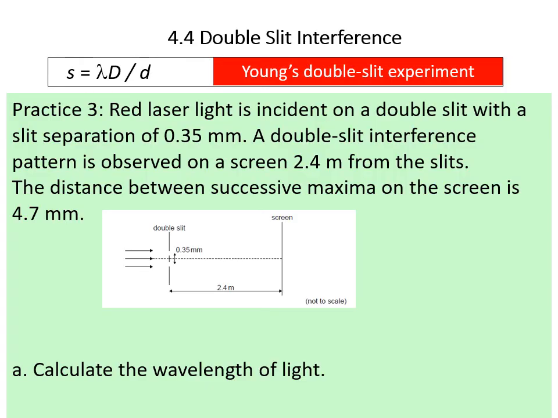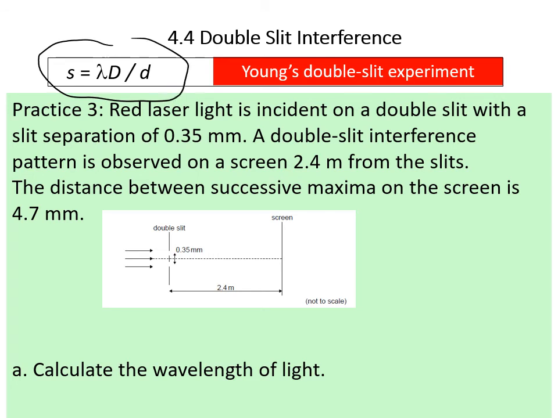Practice 3. Red laser light is incident on a double slit with a slit separation of 0.35 millimeters. A double slit interference pattern is observed on a screen 2.4 meters from the slits. The distance between successive maxima on the screen is 4.7 millimeters. Calculate the wavelength of light. You're going to use this equation to calculate.